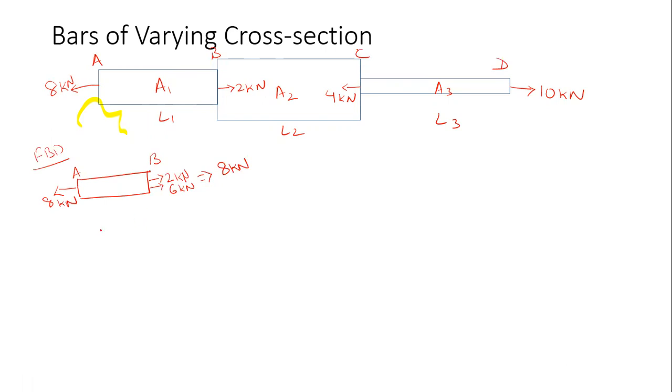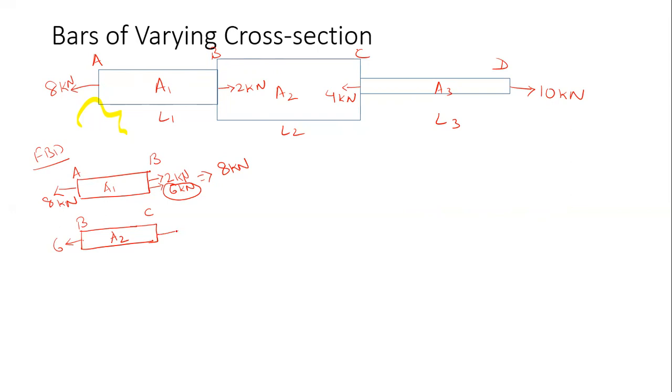Now we'll draw a free body diagram for BC. For BC, when we add this force of 6 kilonewton for balancing, then an equal opposite force has to be added here, that is 6 kilonewton.